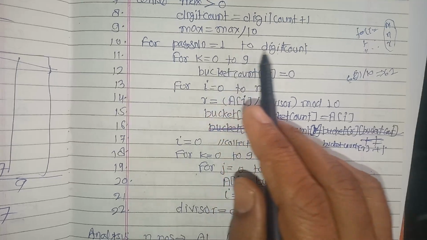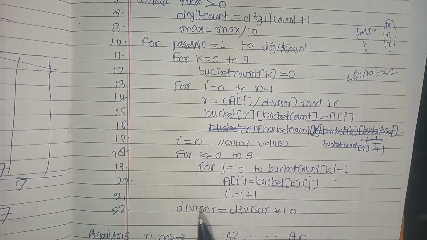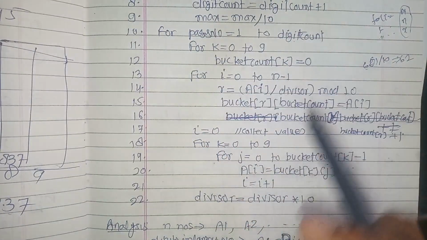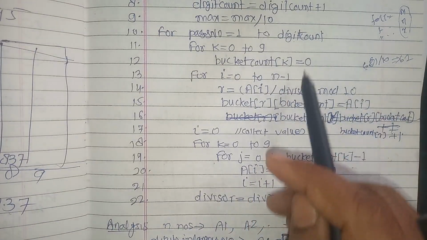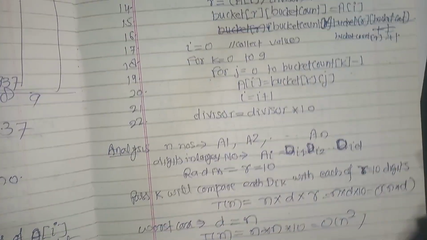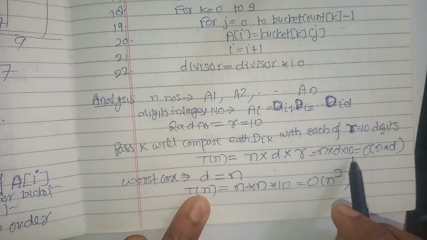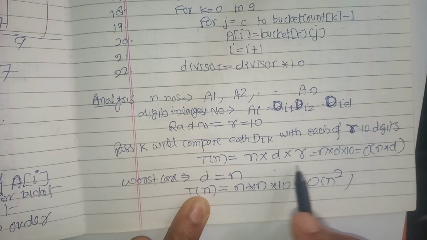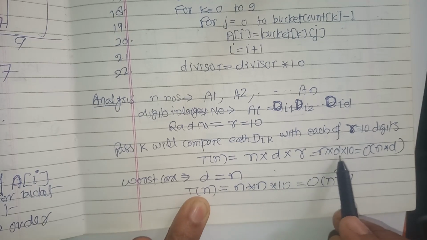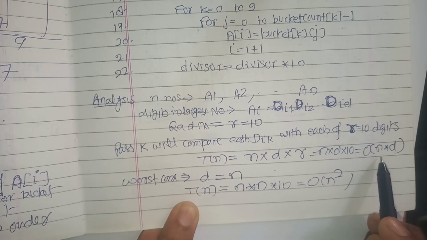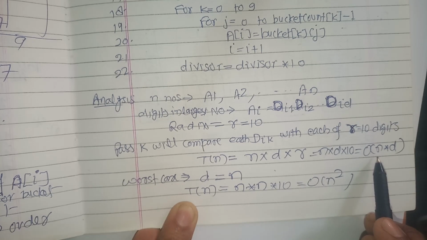So here d into r into n will be the complexity, and all other loops will be a subset of r into d into n. So the complexity here is n d r, and because radix is a constant value, it will not change, while d will change. So we can keep r as 10, and the complexity converts to n into d. For a more detailed explanation of how complexity is calculated, you can watch the complexity videos on my channel.